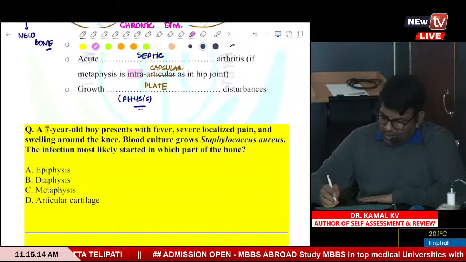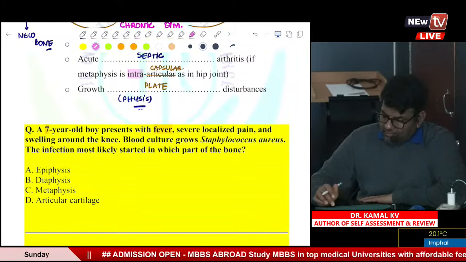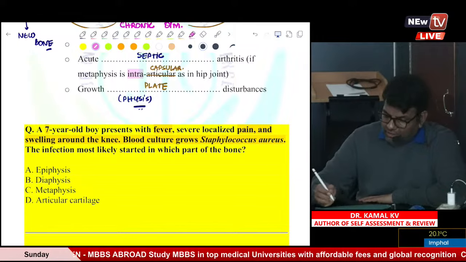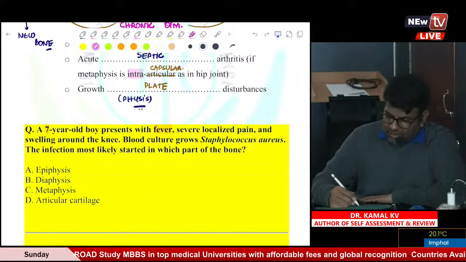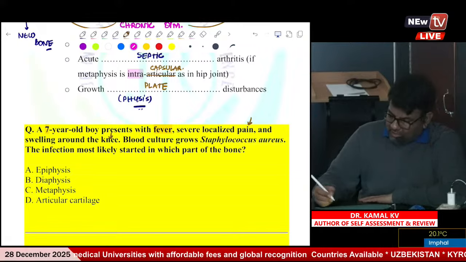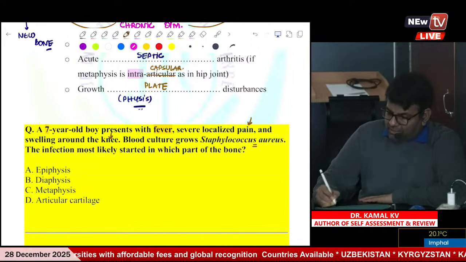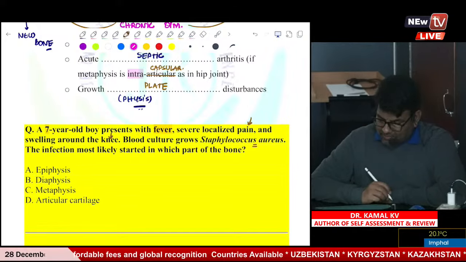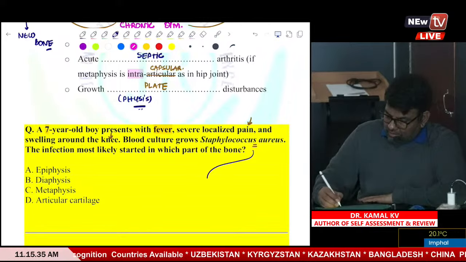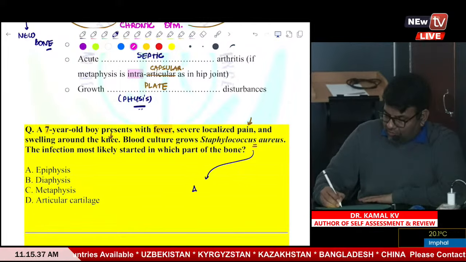A 7-year-old boy with fever, pain, swelling around the knee joint. Very classical presentation, swelling typically around the knee joint, and the culture is showing Staphylococcus aureus. So this is a classical case history of which condition?